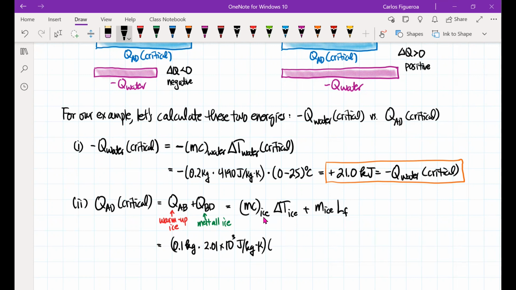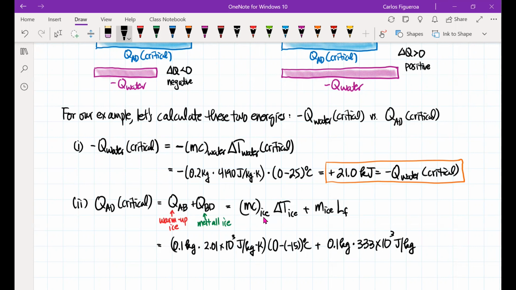I end up at 0, but I start off at negative 15 degrees C or Kelvin, doesn't matter. And then I melt all of the ice, and I have the latent heat of ice, in joules per kilogram.